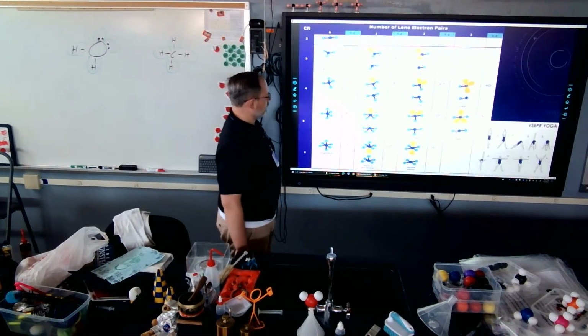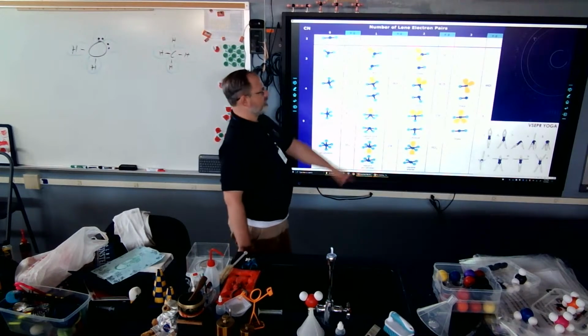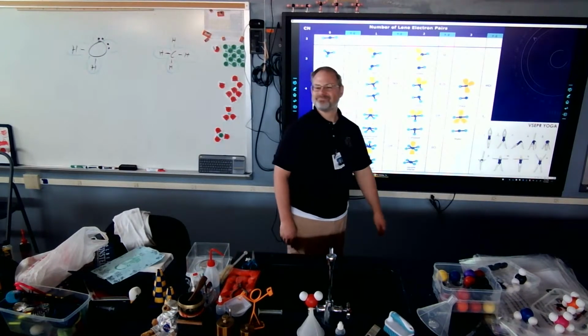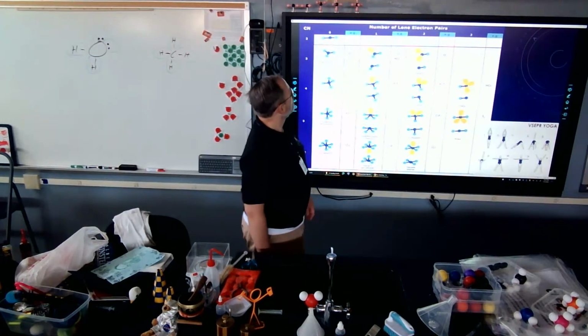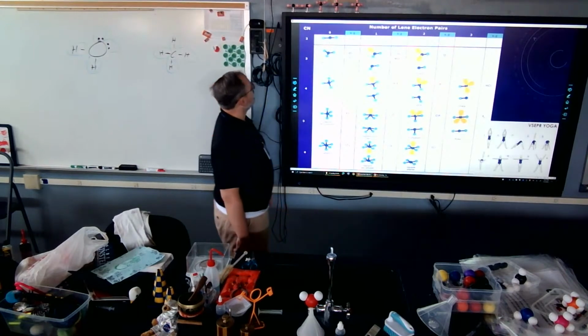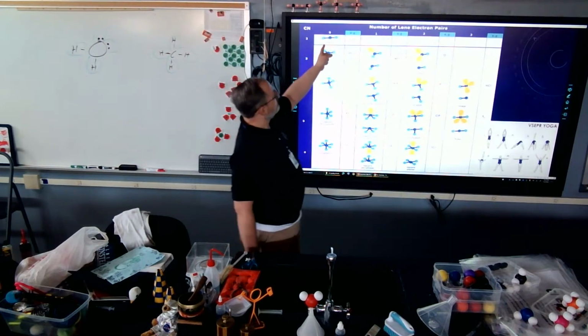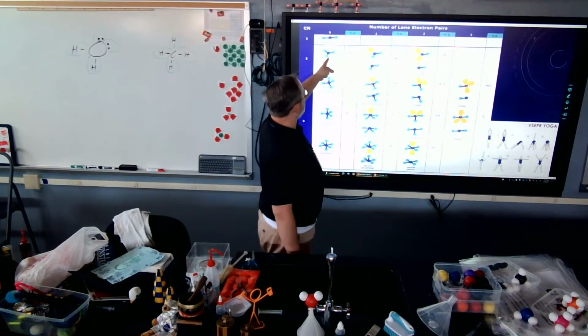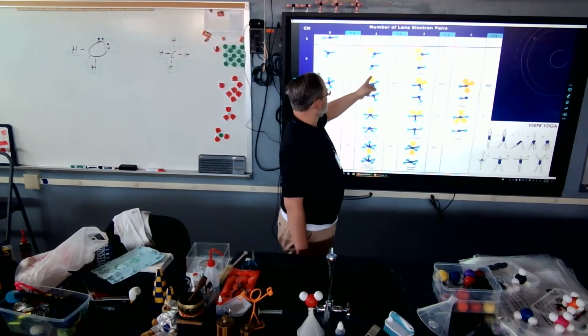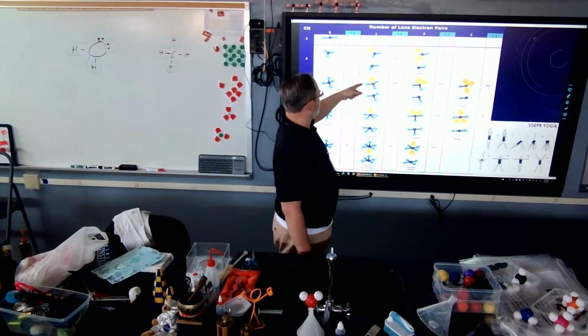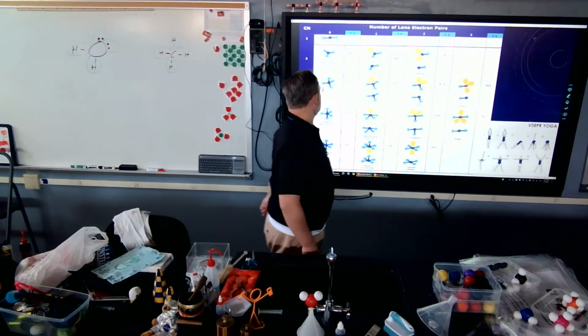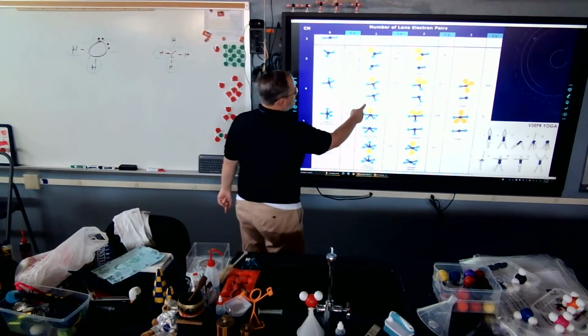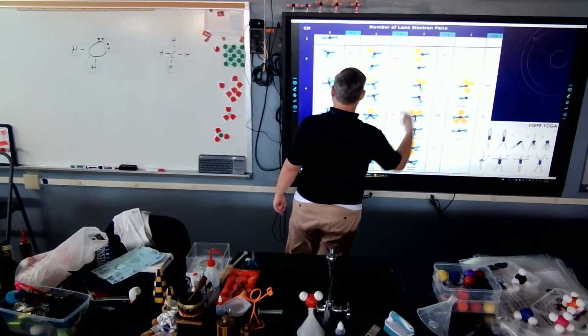Oh, there we go. Here's our summary. VSEPR. So again, linear is just linear. Trigonal planar might be angled, or bent. Tetrahedral might be trigonal pyramidal or bent or linear.